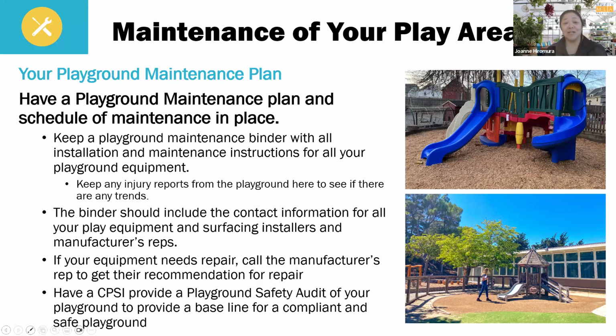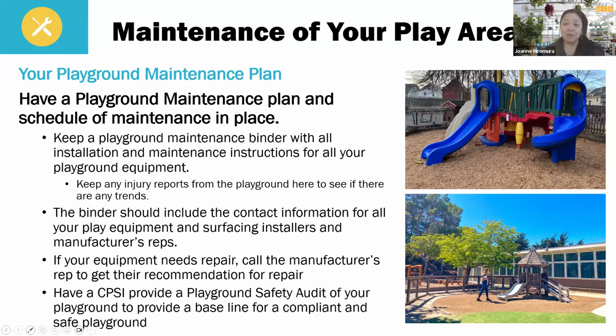That could help you identify places where you have frequent injuries, and maybe there's something that needs to be fixed on your playground to avoid or eliminate those injuries. But you want to have your playground equipment installers, surfacing installers information all in the binder with the installation instructions.